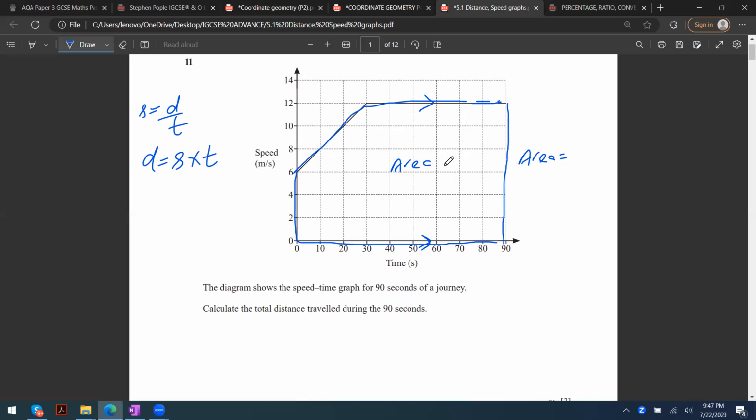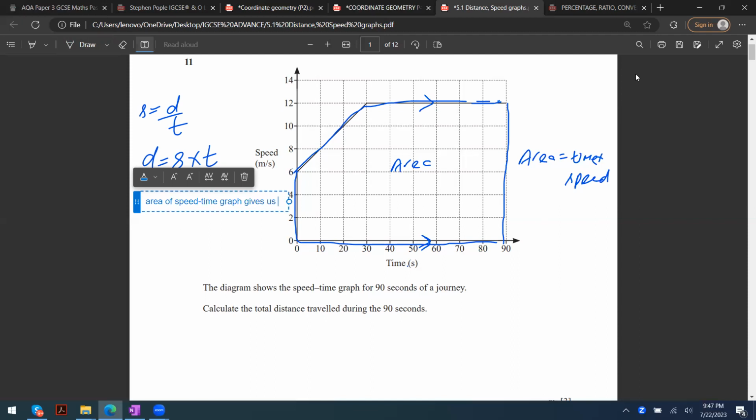If you find the area, basically you are multiplying the time unit with the speed unit. So time into speed is distance. That's why we can generalize that the area of a speed time graph gives us distance.